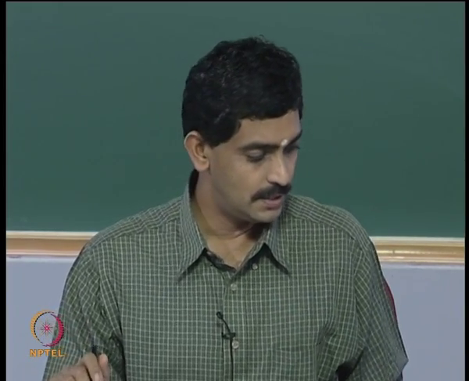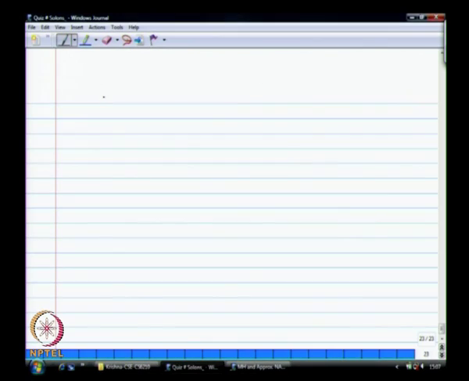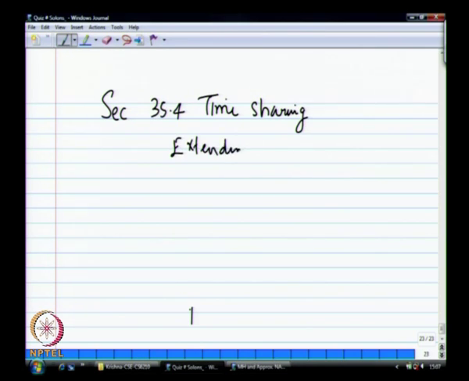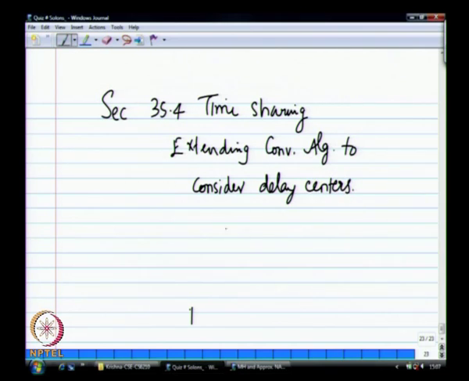So the next section, which is basically extending this to include delay centers also, section 35.4 on time sharing. So extending this convolution algorithm is a fairly straightforward extension.